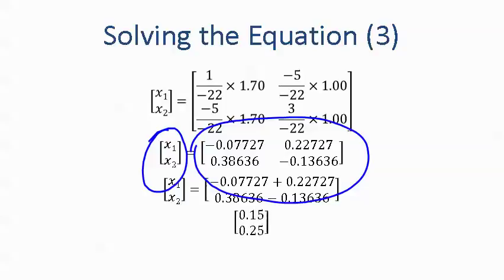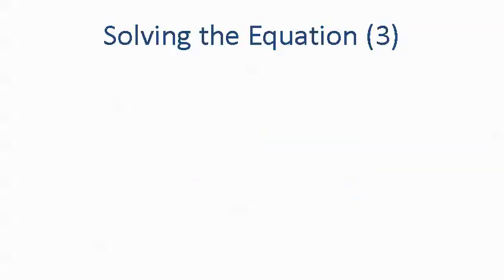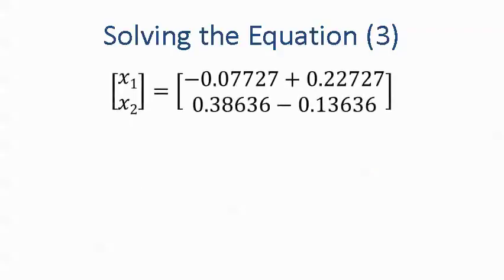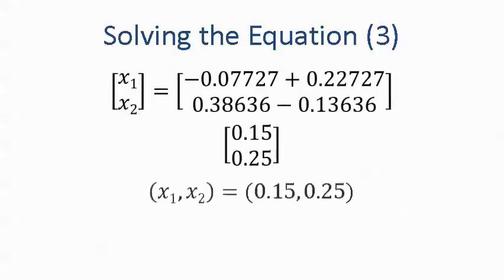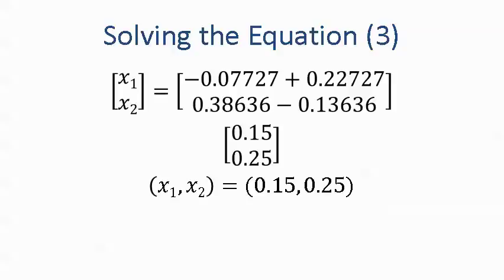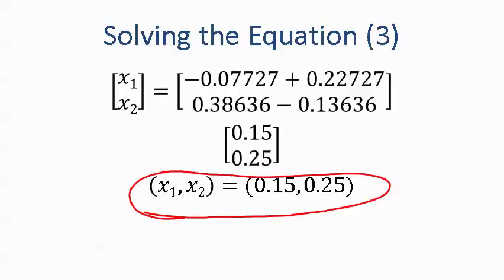But what that leads to is that x1 is going to be equal to 0.15 and x2 is equal to 0.25, which is the solution to our problem. So starting from this, there's our calculated answer. So in a different format, we can say that x1, x2 is equal to 0.15 and 0.25.